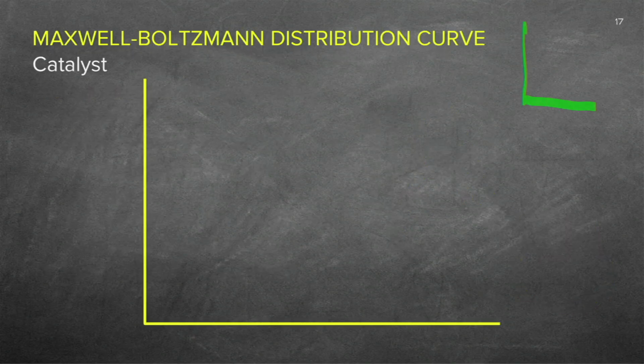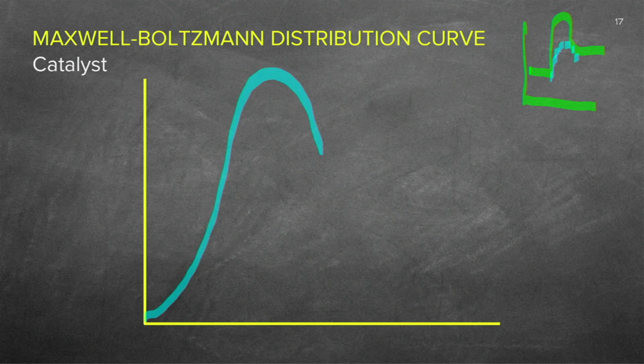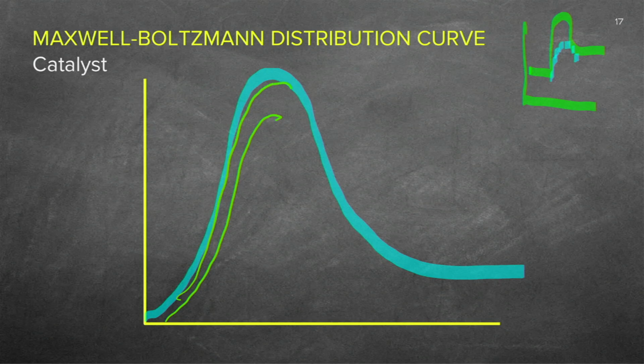Right, what does a catalyst do? Remember when we did this graph, we said a catalyst will lower the activation energy. If it lowers the activation energy, it does that. So let's draw the Maxwell-Boltzmann. Let's say this is our curve. If we now add a catalyst, we'll actually find that it's still the same curve, but the activation energy is now there, where the previous activation energy was there.